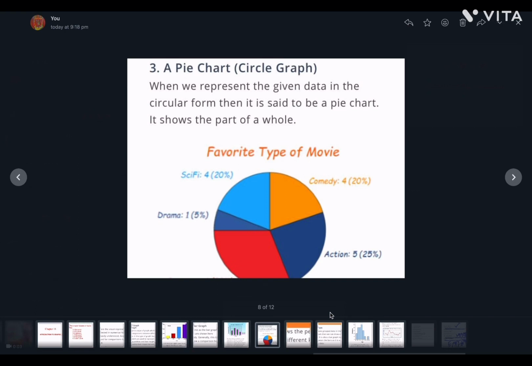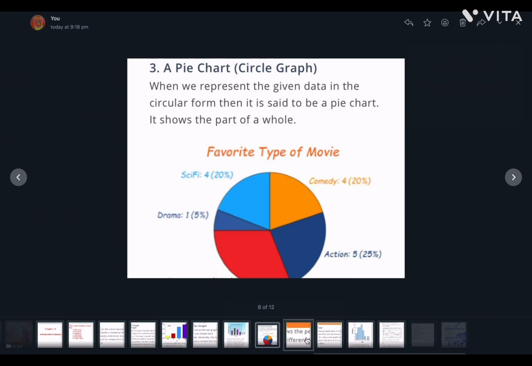Right students? So here, you can see this pie chart shows the percentage of viewers watching different movies. So 20% of the viewers watch comedy movies, 25% watch action movies, 5% watch drama movies, and so on, like the whole has been divided into different parts.